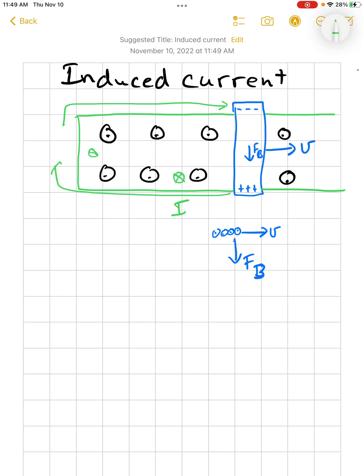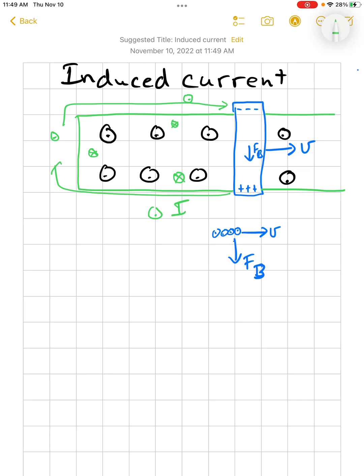Same thing on the side, and same thing here on this top one. If we continue on the outside, we're going to see a magnetic field that's pointing out of the page. But what we're concerned about is what's going on inside the loop. And inside the loop, we have a net magnetic field going into the page.